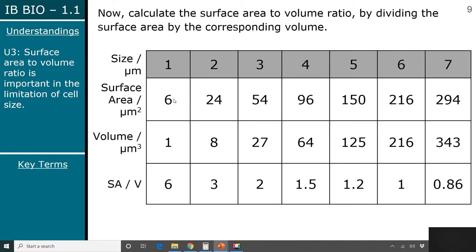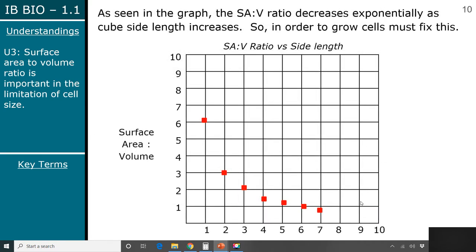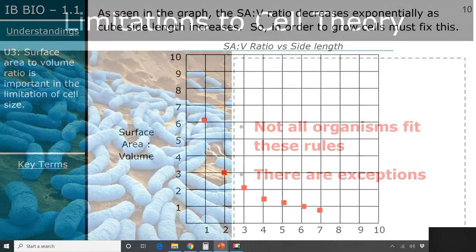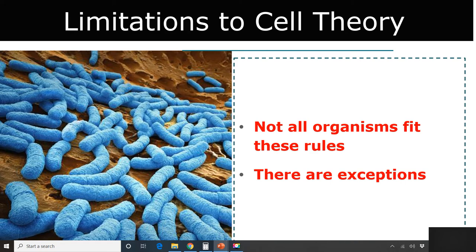But know that as we increase the surface area, which is the total area of all the different sides of the cube, the volume is going to increase much faster. So the ratio of surface area to volume is going to go down really quickly. If we graph this, and you'll do this yourself in your homework, as volume increases, the surface area is not able to keep up. So large cells are basically not sustainable. There's a limit to how big they can get.